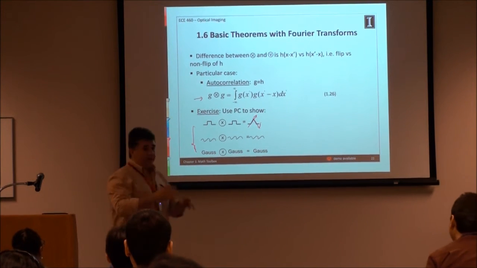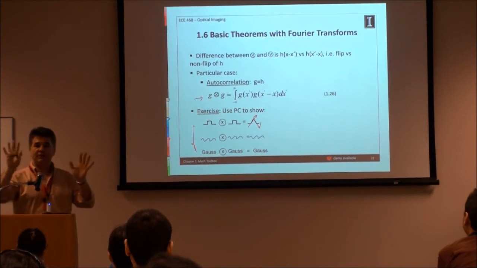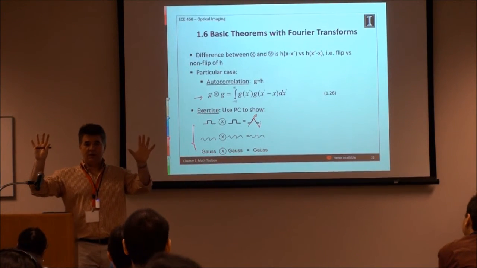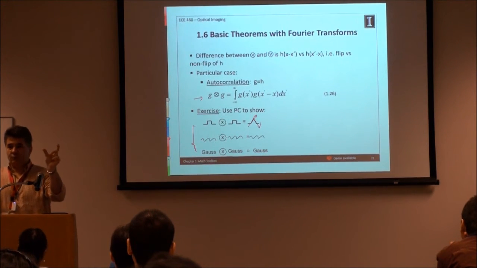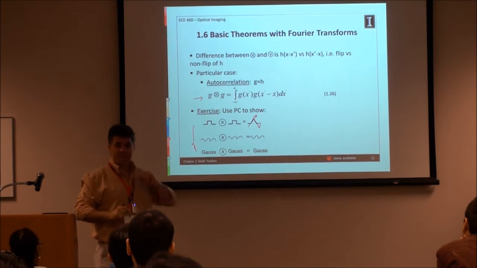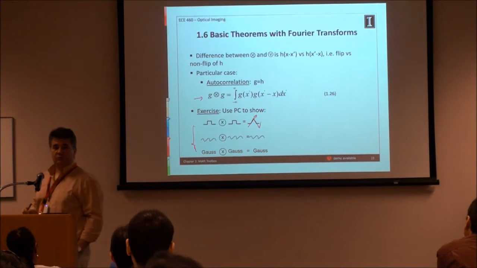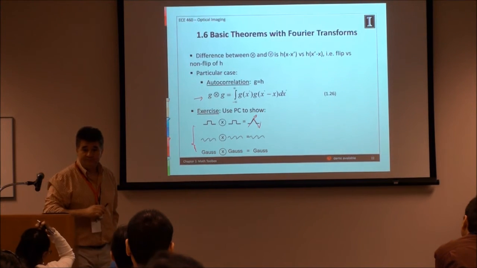But in general, if I have bell-shaped functions, not necessarily Gaussian, but let's say there are two Gaussians, and I convolve them. If each of them has a width A, what will be the width of the convolution? Is it going to be bigger or smaller? Bigger.